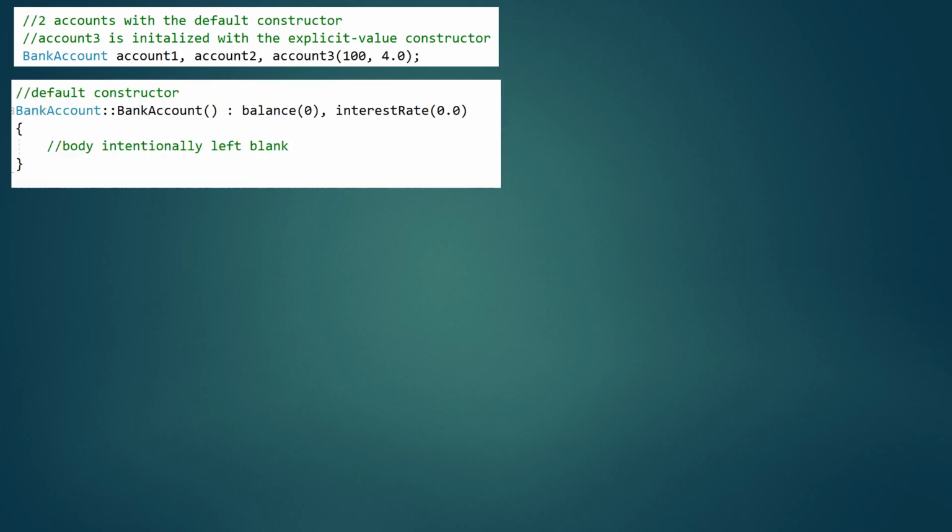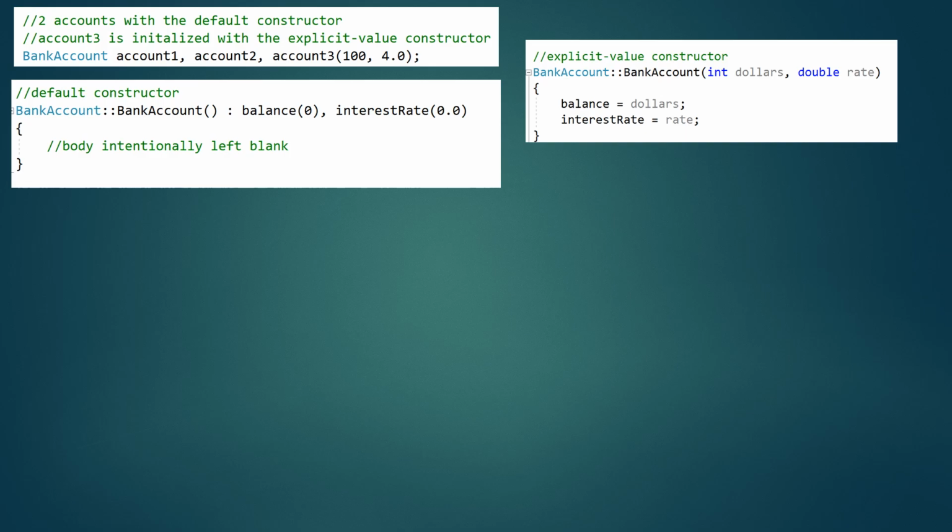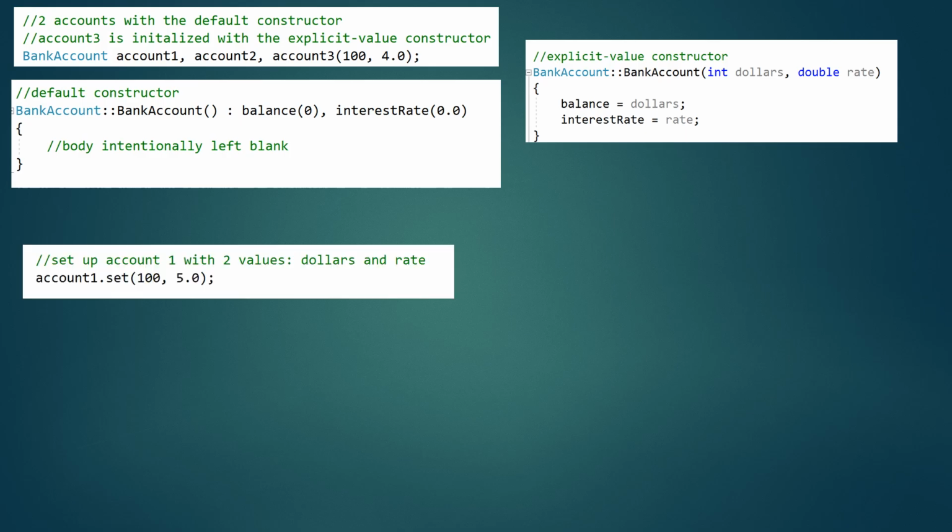Then this is our default constructor, if you remember. And this is our explicit value constructor, so you can see the difference. Account 1 and account 2 will be initialized with no money and no interest rate. And account 3 will be initialized with $100 and a 4.0 interest rate, 4% interest rate.